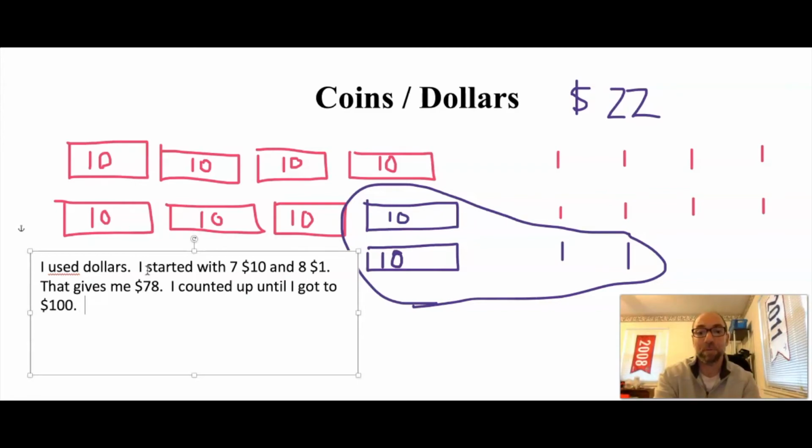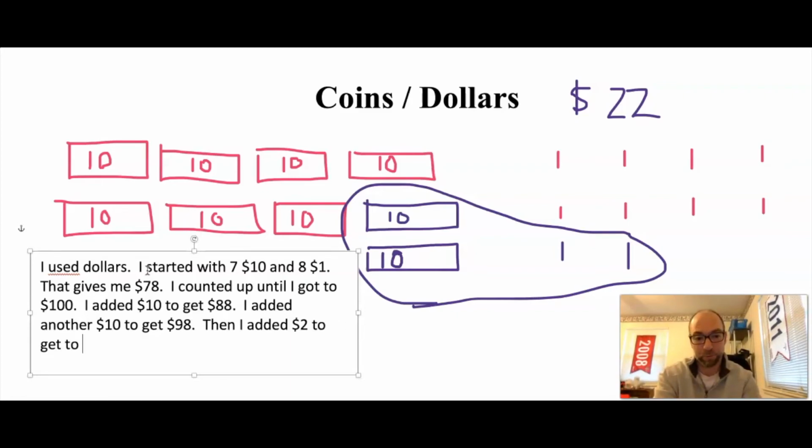Pretty cool. I added $10 to get 88. I added another $10 to get 98. Then I added $2 to get to 100.